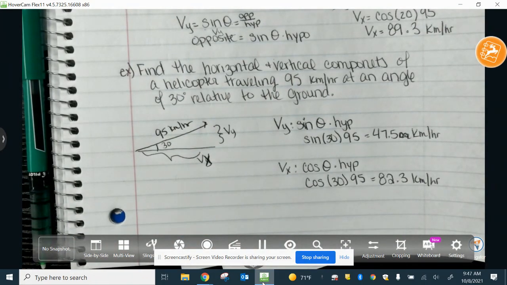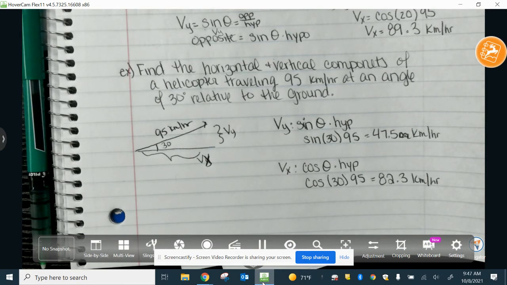So the hard part about vectors is identifying where your angle theta is.